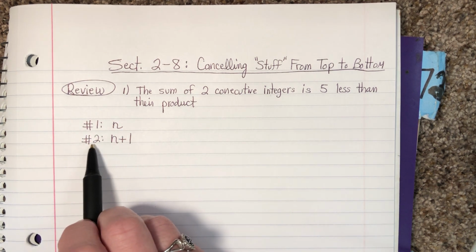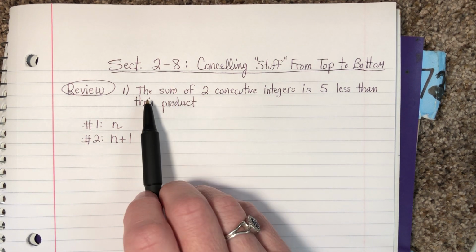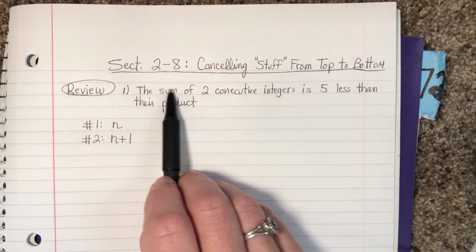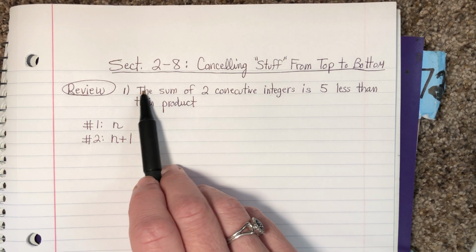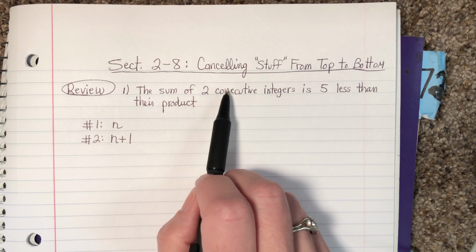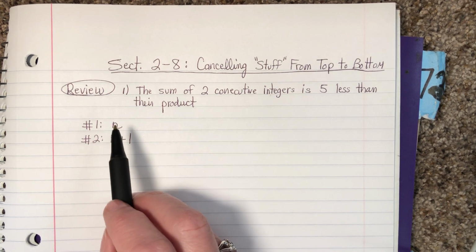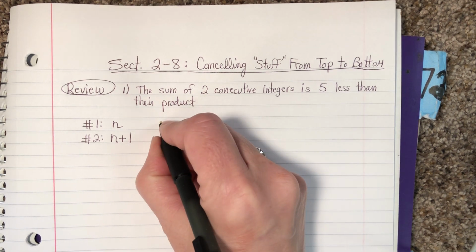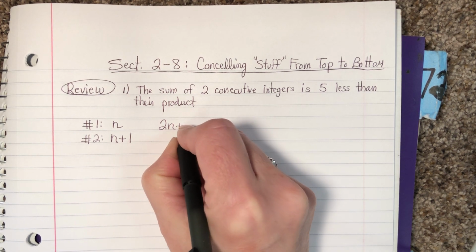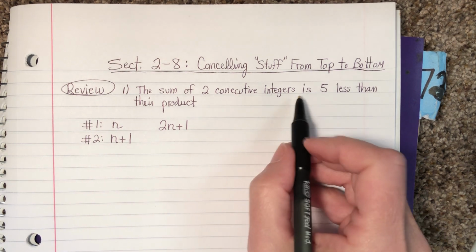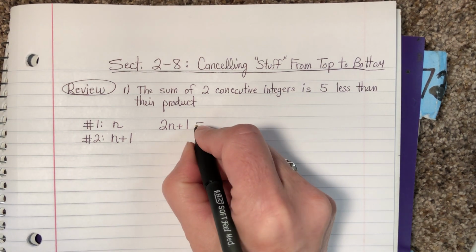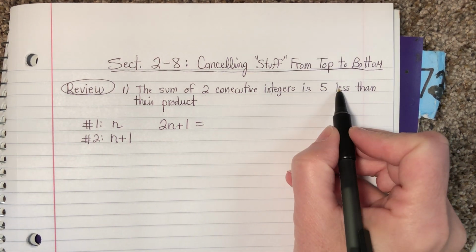Okay, now let's go ahead and translate. Once you do the unknowns, you want to read the statement left to right and translate as you go. It says the sum of two consecutive integers. That means their sum: n plus n plus 1 is 2n plus 1, adding my like terms. Next word is equals 5 less than.